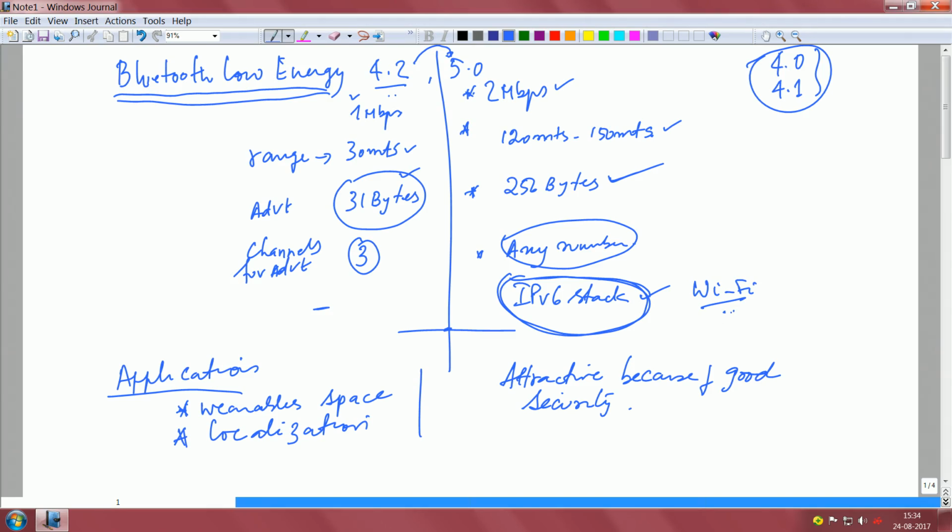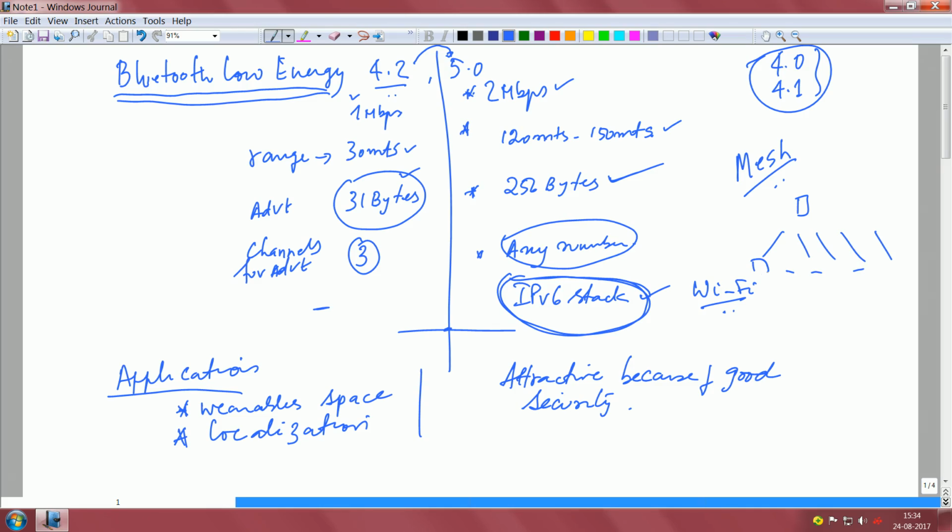What will happen to Zigbee kind of devices is hard to say at the moment, also because with BLE 4.2 and above, a fantastic ability to do mesh has come up, which was not the case before. You had master and slave devices and all data used to go between master and slave, which is how BLE actually started, right. You had 7 slaves and a master and so on.